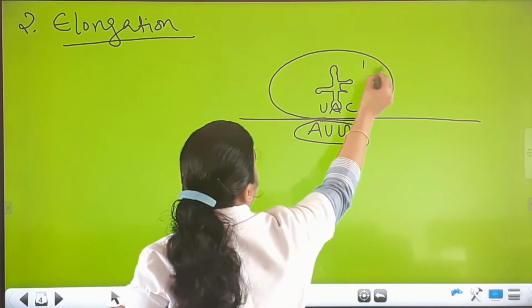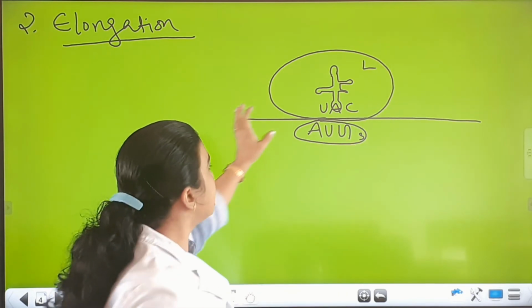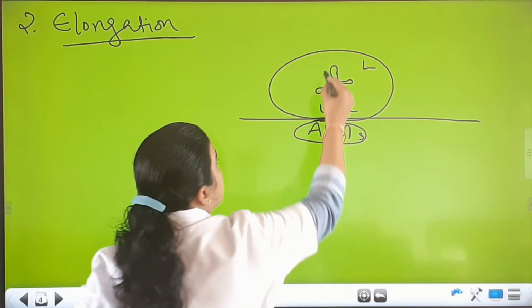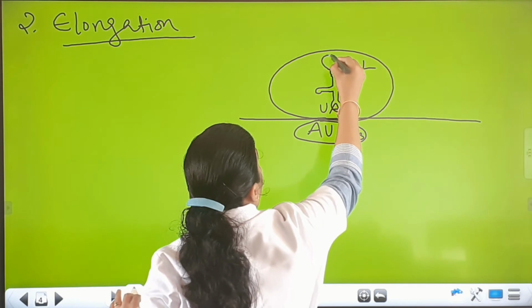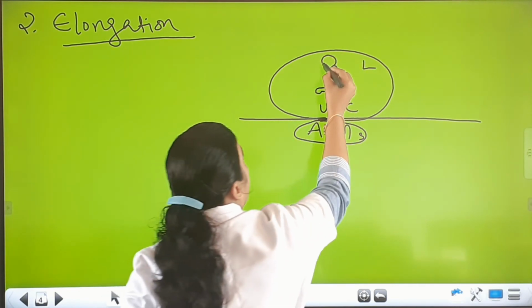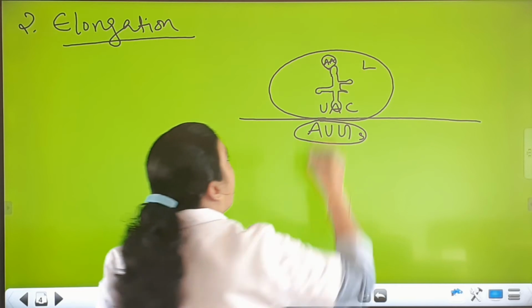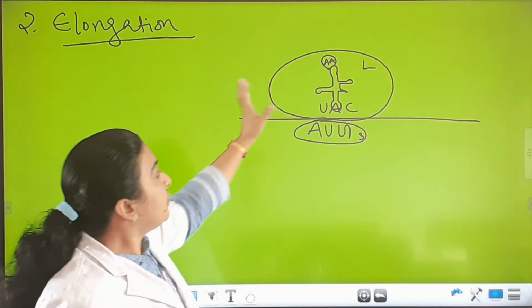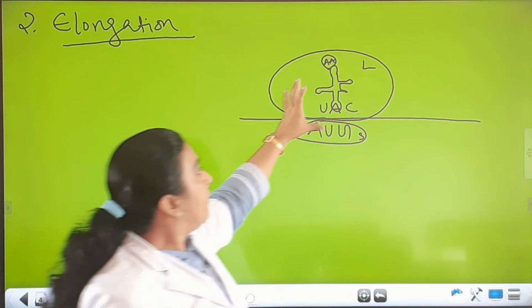This is the larger subunit, this is the smaller subunit. So here this carries methionine amino acid. Okay.